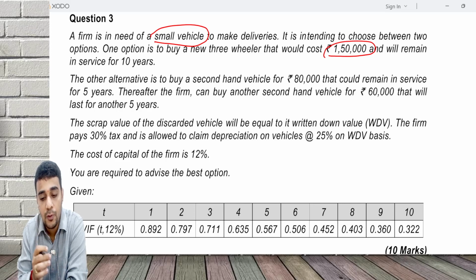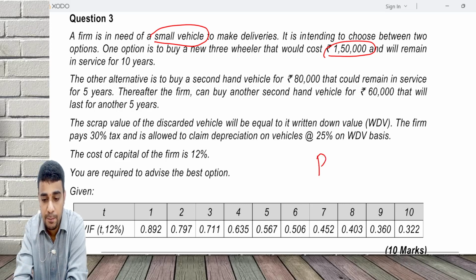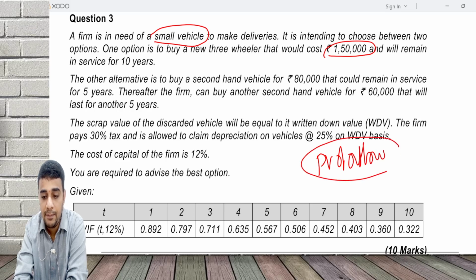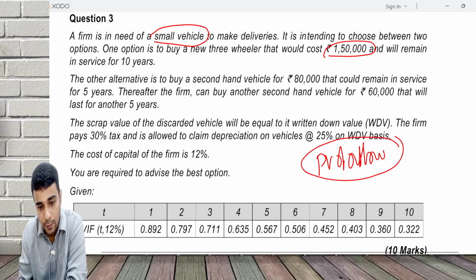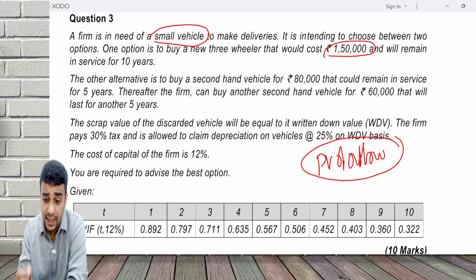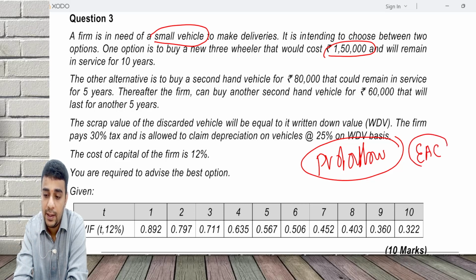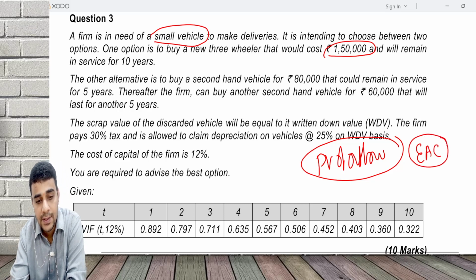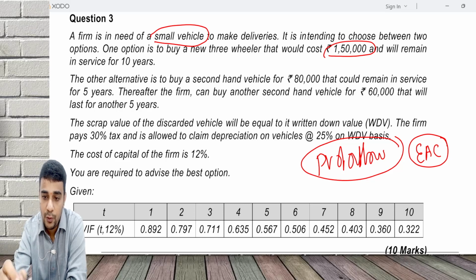If you have only outflows, as you remember from class, we do the PV of outflow and select the machine which has the lower PV of outflow. In case they have different lives, then we do EAC, equated annual cost.